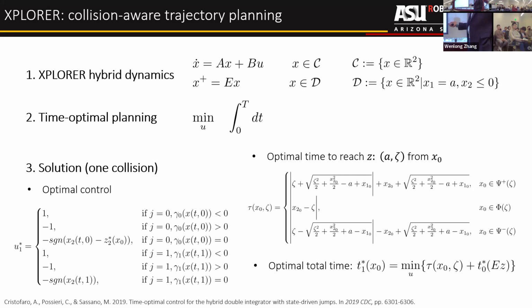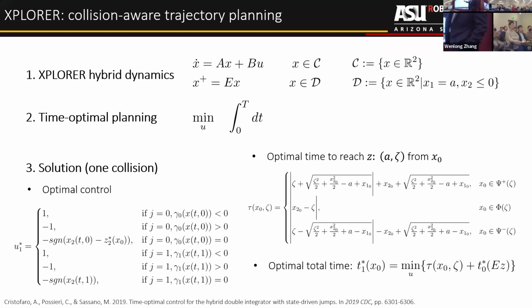The first is the time it takes to fly from the initial position to the contact point. The second is how much time it takes after contact to reach the destination. So this is the time from the post collision.